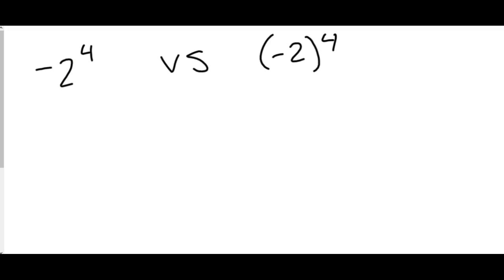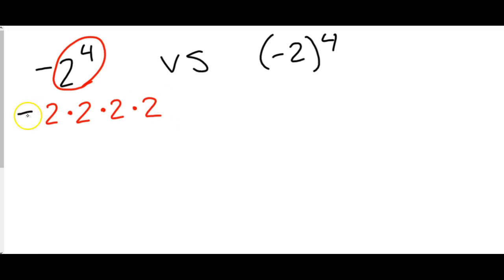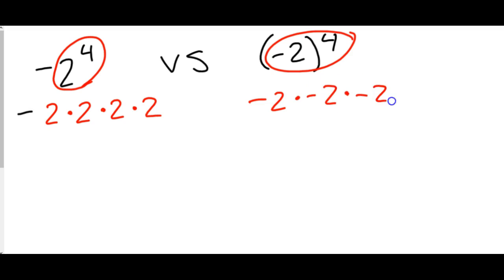When there are no parentheses, the 4 is only affecting the 2 itself. That means the 4 is saying there's 4 2's, but not for negative signs. If there are parentheses, the 4 is affecting both the negative and the 2, so that means there's 4 2's and 4 negative signs.